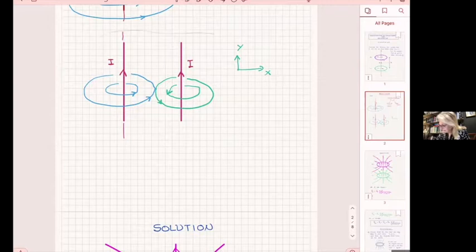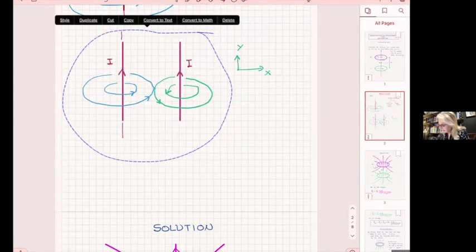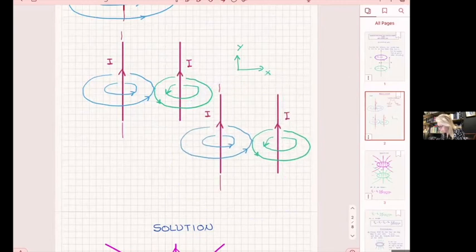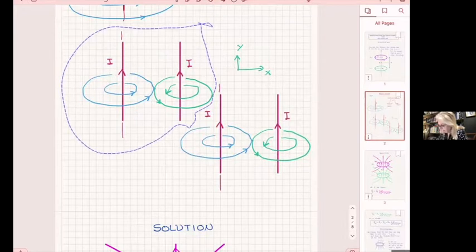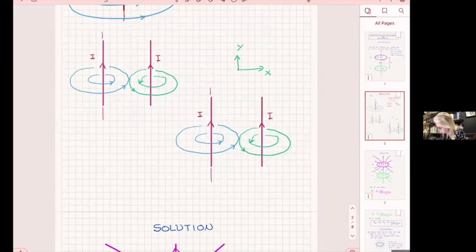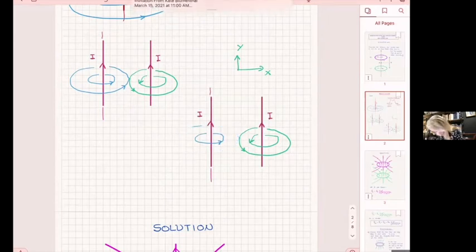I will take this one. But since I am on the XY plane, I'm not in 3D anymore. I will remove this.